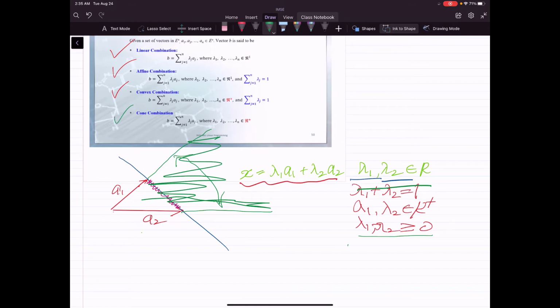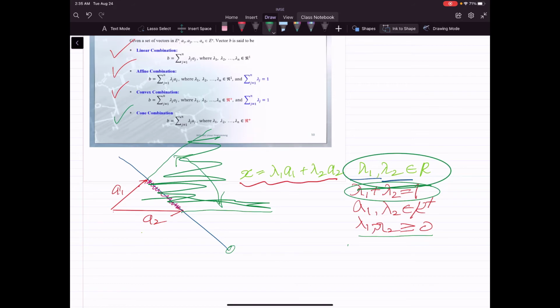So this is how we illustrate the linear combination, where lambda 1 and lambda 2 are just real. By adding lambda 1 plus lambda 2 equals 1, we are creating the so-called affine combination, which is the blue line over here.